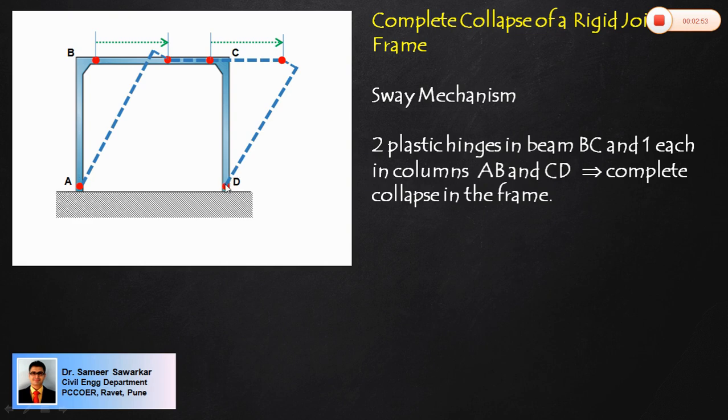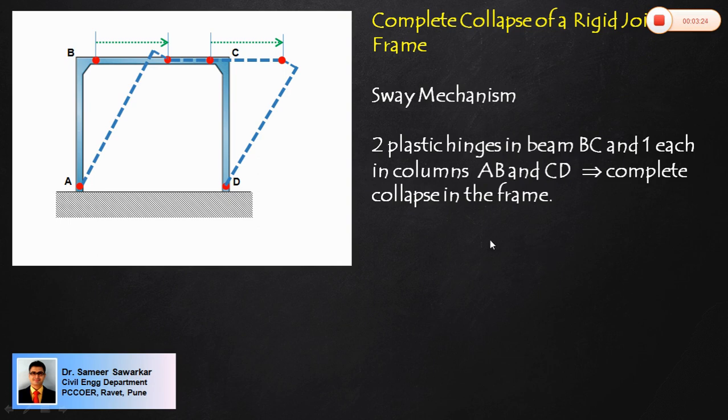There is a lateral movement in the frame, and obviously this lateral movement will eventually lead to a complete collapse of the frame. So this is not a partial collapse but a full collapse, and four plastic hinges, two in the columns and two in the beam very close to the beam-column joints, are responsible for the formation of the sway mechanism and for the full collapse of the frame.